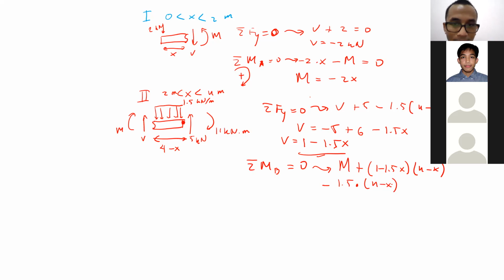And then how about the distance? The distance is supposed to be half of this, because if we represent it with the concentrated force, it will be in the middle. So we have to multiply it with 4 minus x per 2.